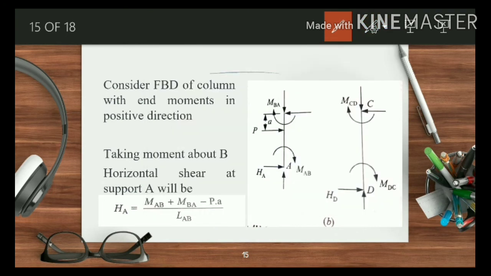Similarly, consider the member column CD. Here also take moment about the point C. HD is the unknown. HD into the length of the column CD, HD into LCD, is in anti-clockwise direction, which is equal to MDC and MCD in clockwise direction.